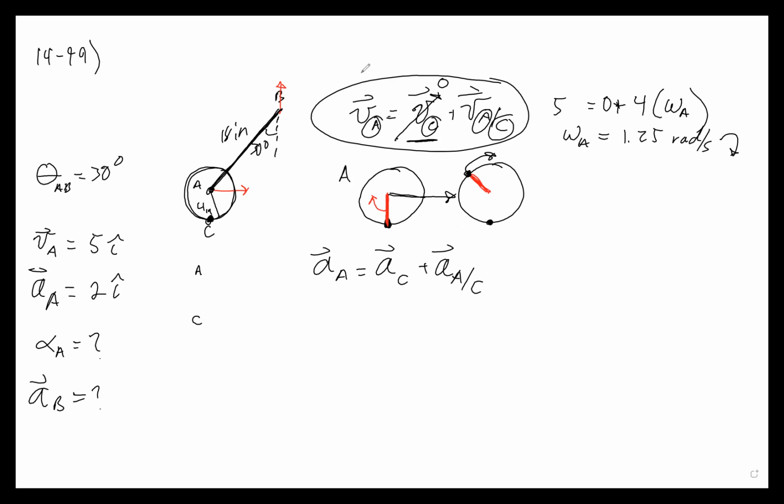So if I change my diagram to have a blue, so this line here going from A to the point of contact is going to be what I am drawing there. All right. And so now we have our acceleration of A. Well, that's going to be what we were given in the problem. Acceleration A is 2I. All right, so I'm also going to do some colors here. So 2I hat is the acceleration of A.